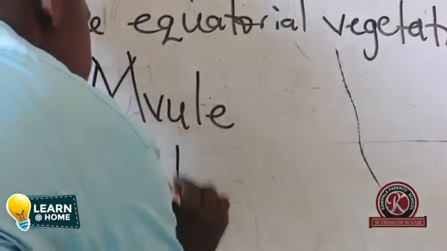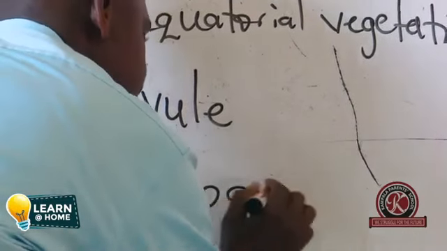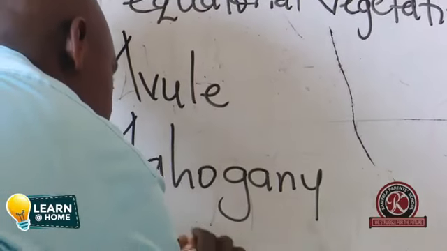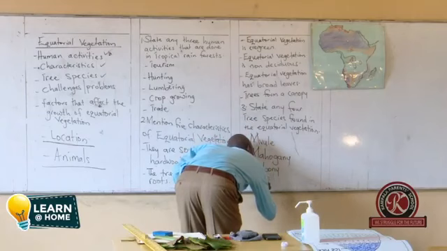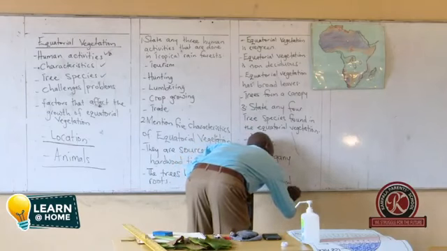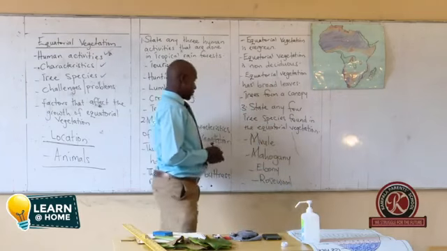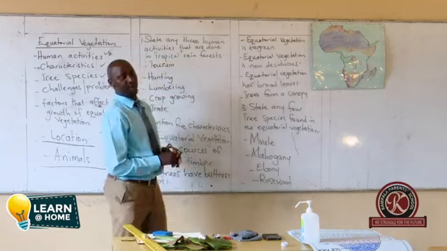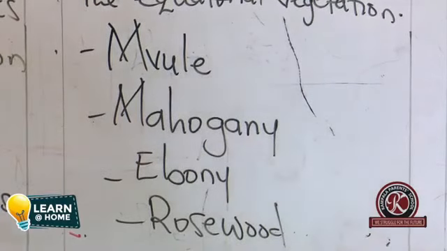Mahogany. Ebony. Rosewood, and many more, because we already covered this in the beginning part of our lesson when we were looking at types of vegetation.